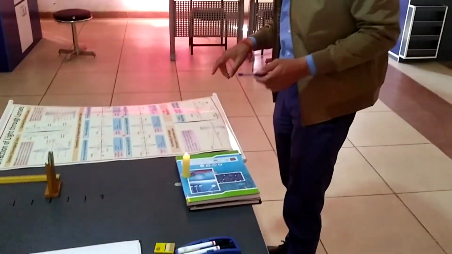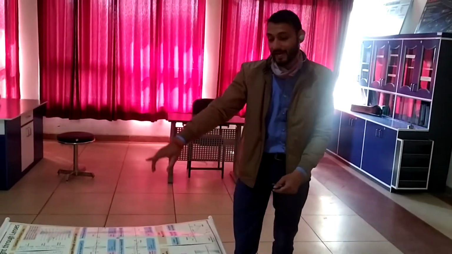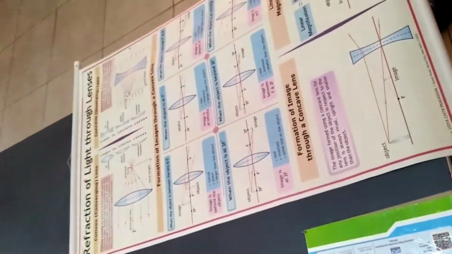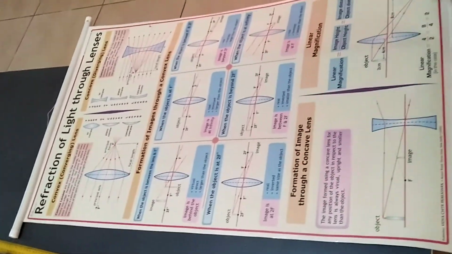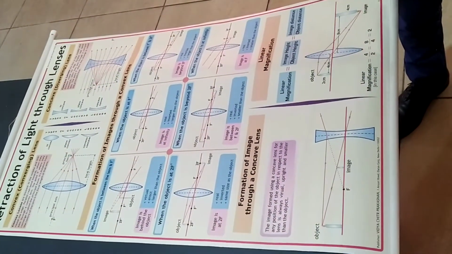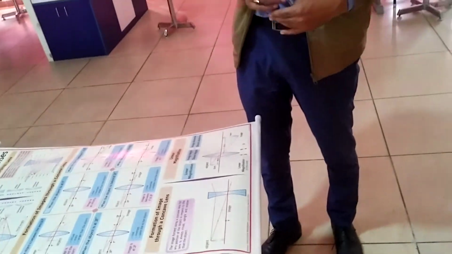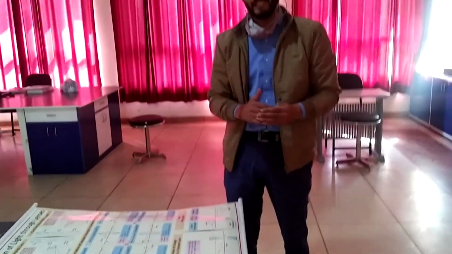Now I would like to mention one important thing through this chart. From the image formation which we have already done, it is quite evident that when you increase the distance of the object from the lens, the image distance decreases, it shrinks. When the object is kept at focus, image is formed at infinity, very far away.